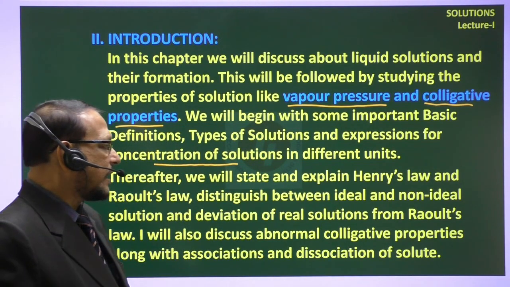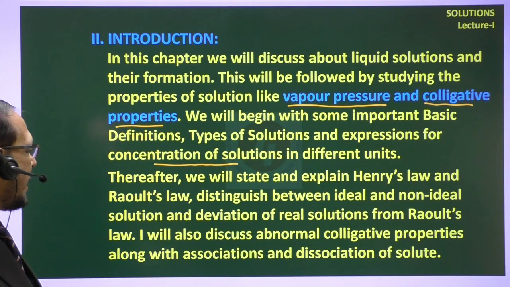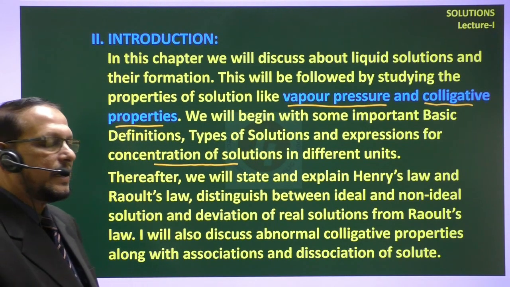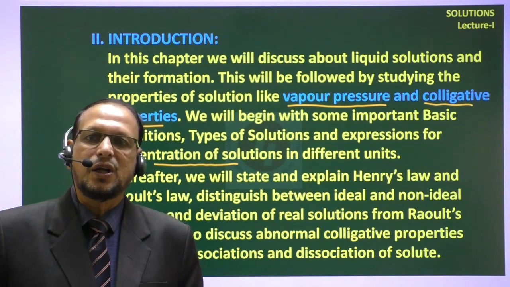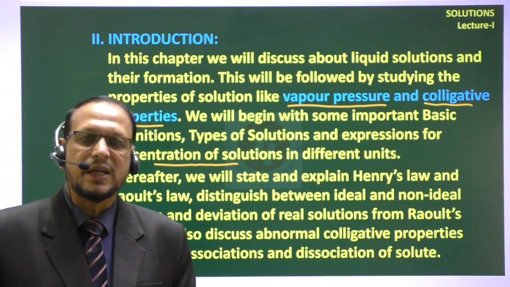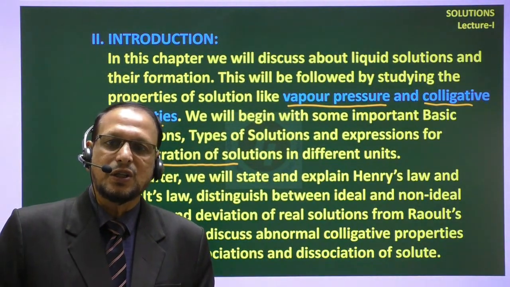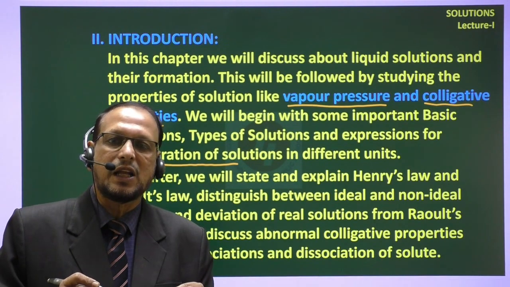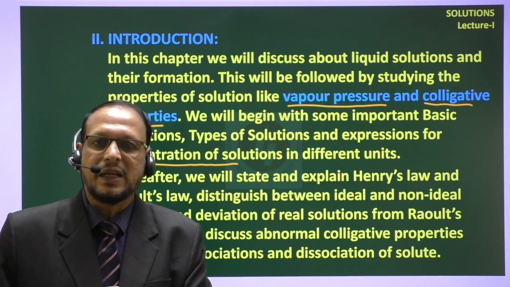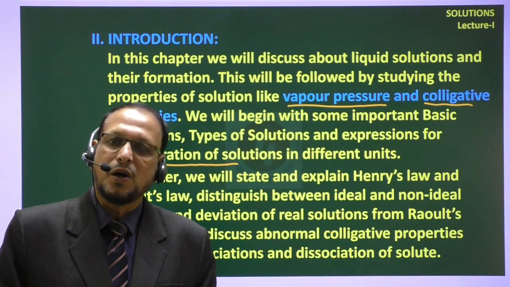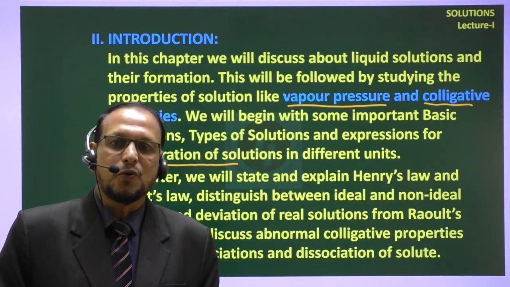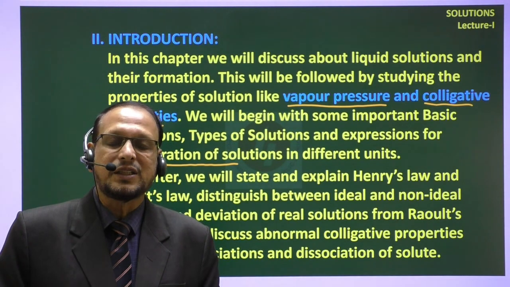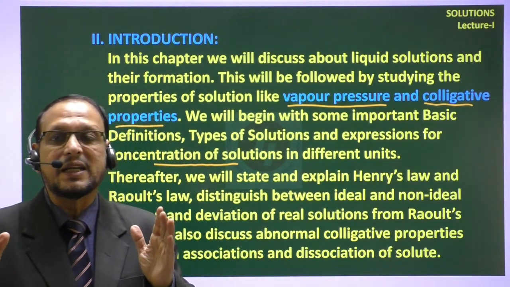Thereafter we will state and explain Henry's law and Raoult's law, and distinguish between ideal and non-ideal solutions. Here it is very important: what is an ideal solution, and what is a non-ideal solution? Say when 20 cc methyl alcohol and 20 cc water are mixed, we think we should get 40 cc, obviously 20 plus 20 is 40.